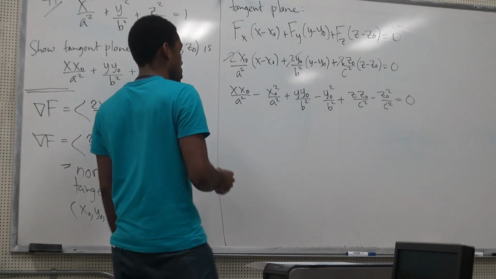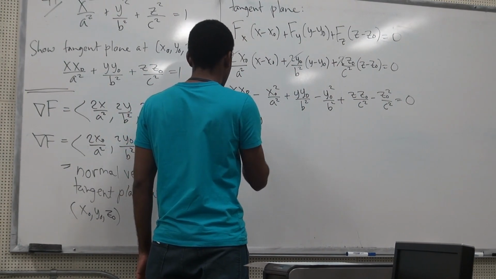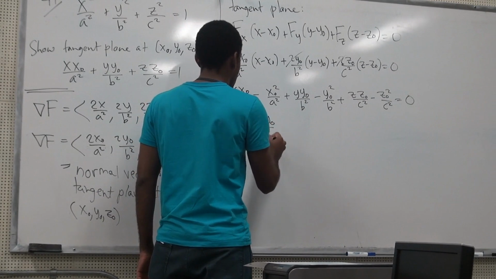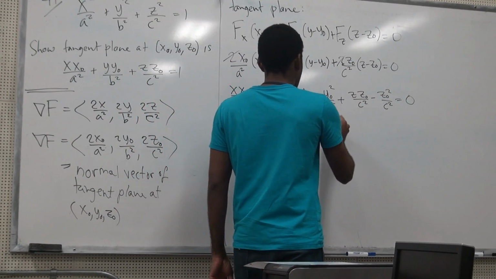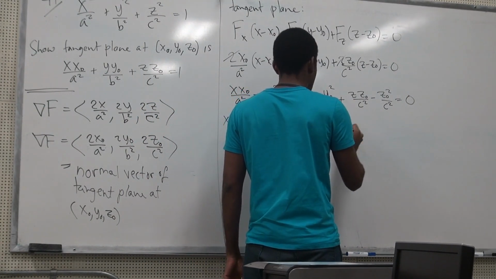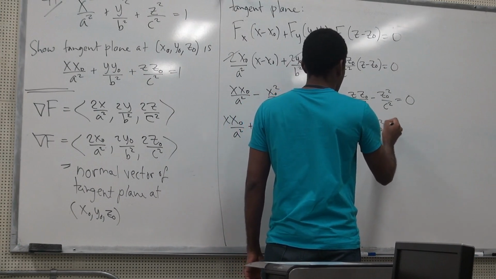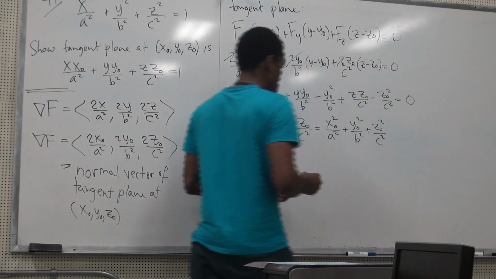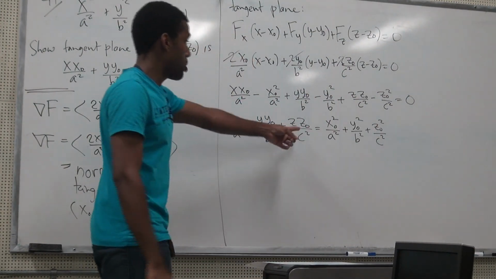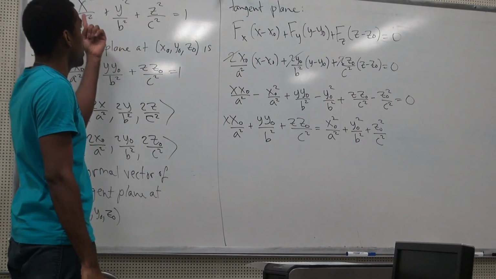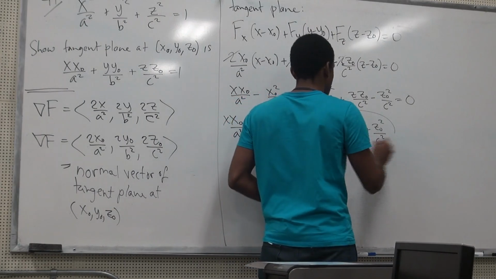And you bring all the negative terms to the other side. Right? And what's that guy? It's equal to 1 because it's at a point on this ellipsoid, and the ellipsoid says this is how x, y, and z relate to each other. So that guy is just 1.